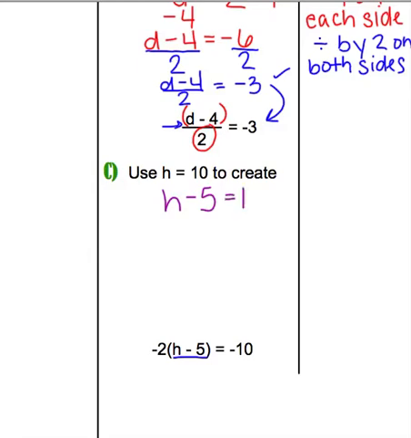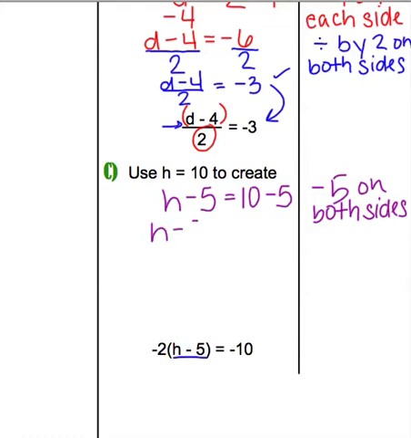However, if I do that, I need to take my 10 on the other side and subtract 5 as well. So I'm going to write down subtract 5 on both sides. Then when I simplify, I get h minus 5 equals 5. Now the only thing that's left is that times -2.